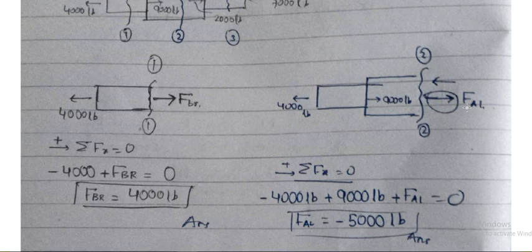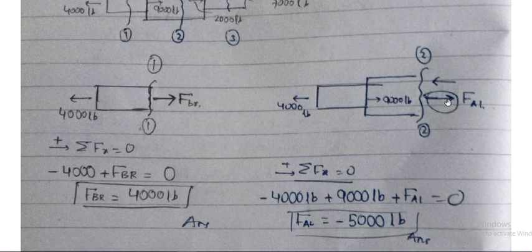It doesn't matter whether you take it leftward or rightward. It won't affect your answer at all. So I've again taken rightward positive. Summation of forces in the x direction is equal to 0, and I can see that this force is opposite to my sign convention. So this is minus 4000 lb, and this will be positive 9000 lb.